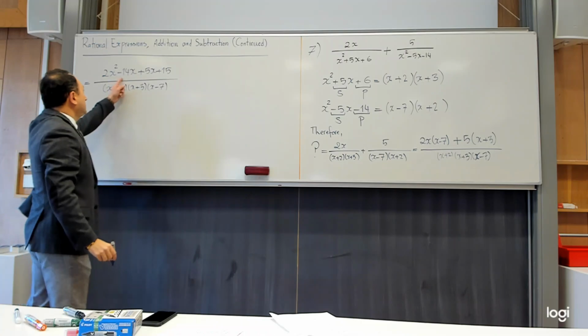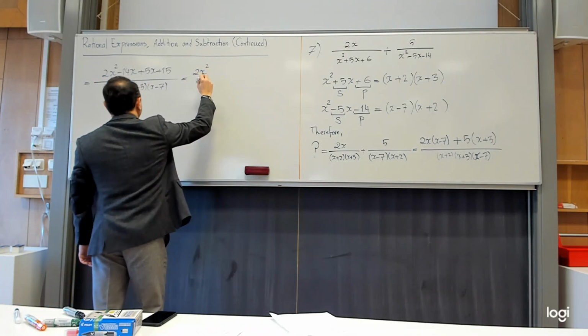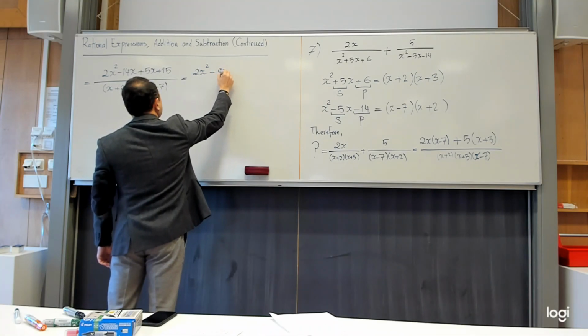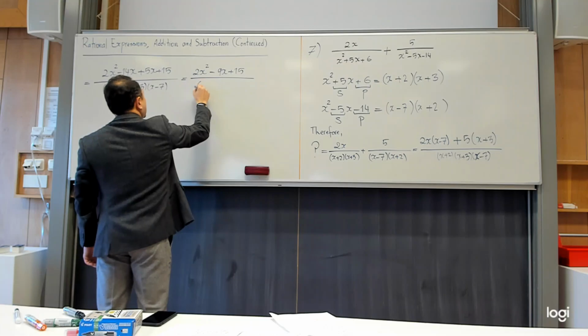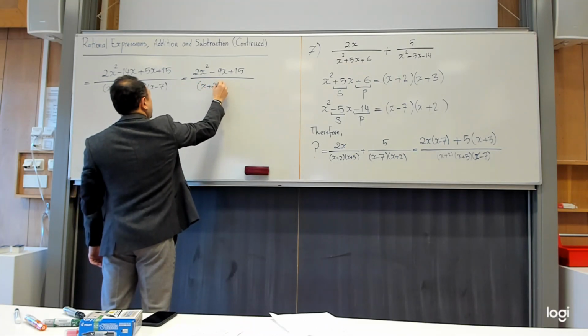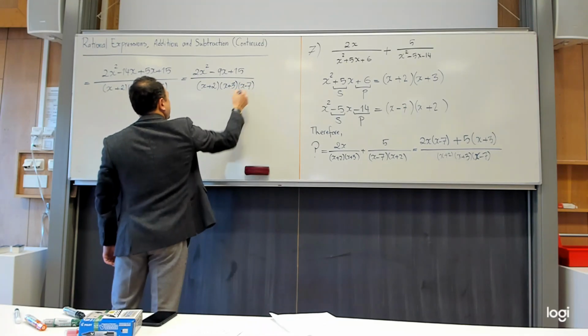But I can simplify this a little bit. So this becomes 2x squared minus 9x plus 15 divided by x plus 2, x plus 3, x minus 7.